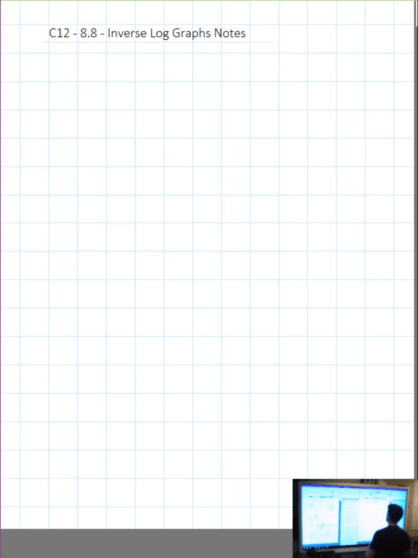Okay, so now let's see why something in exponential form is an inverse of something in log form, not to get confused with the fact that we can change back and forth between log form and exponential form. So I'm going to switch x and y, our method for an inverse.